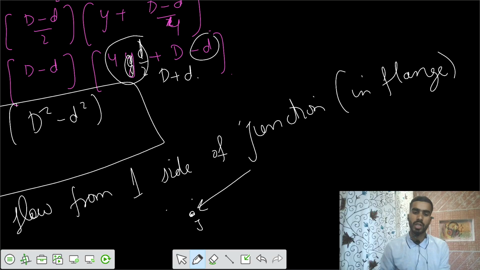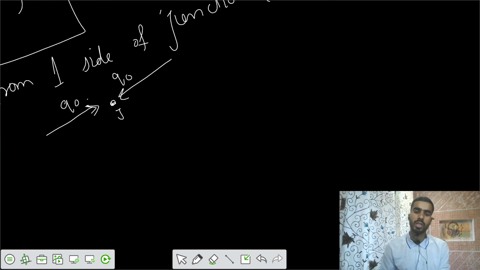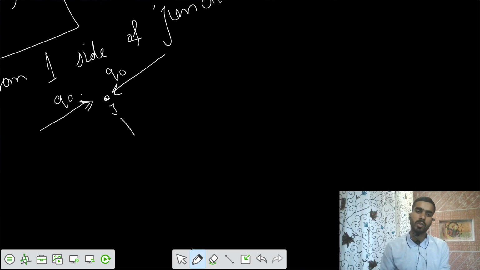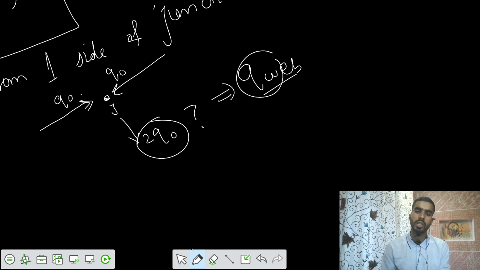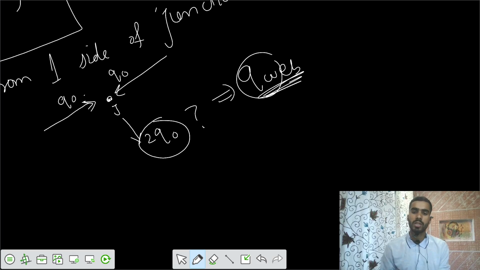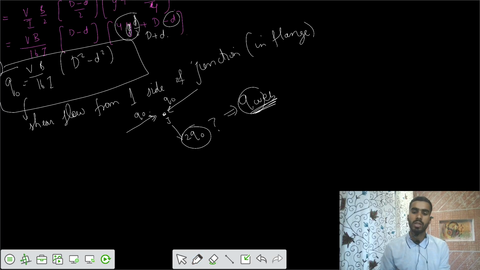This is some junction J, and there would be one more Q0 entering from the other side of the flange into the junction. So from the junction there should be 2 Q0 going downwards, and we want to check whether this is satisfied by the shear flow in the web. Based on the equation we got for the shear stresses in the web, we want to find the shear flow in the web.